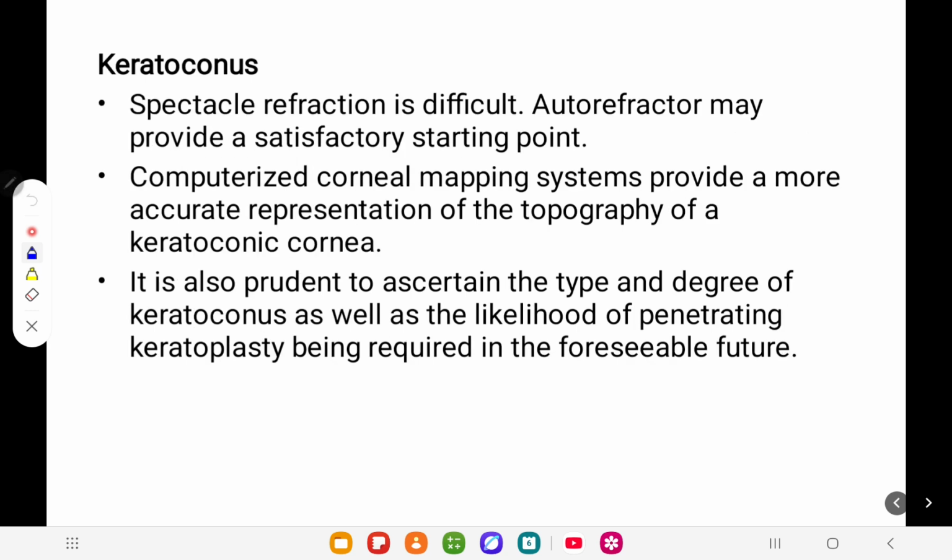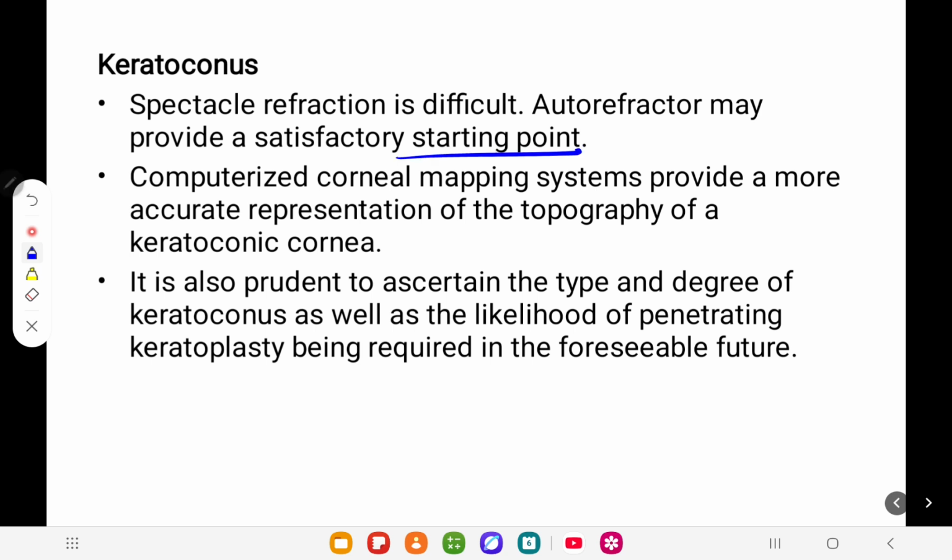So keratoconus, definitely in keratoconus, for example, a rigid contact lens is most helpful for even their day-to-day activity, and very helpful for quality of life. Yes. So spectacle refraction is difficult. Auto refraction may provide a satisfactory starting point, but I think it's not the case.